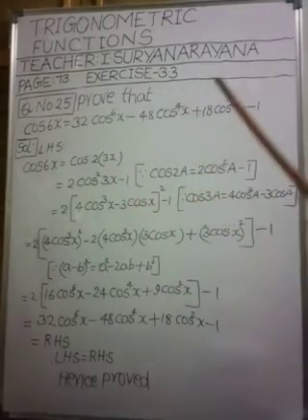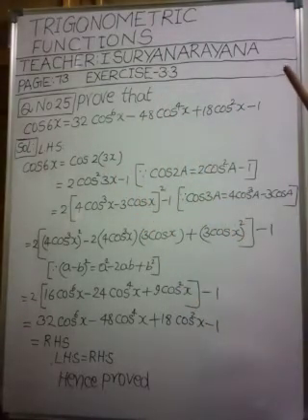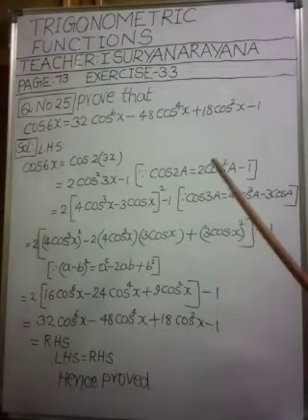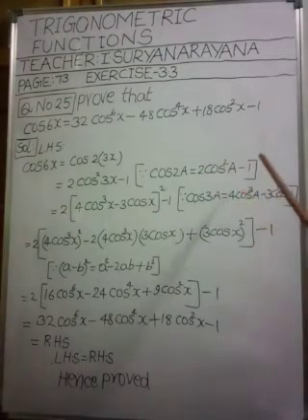So we use the trigonometric identity for cos 2a. Do you remember the formula? Yes, cos 2a is equal to 2 cos square a minus 1.